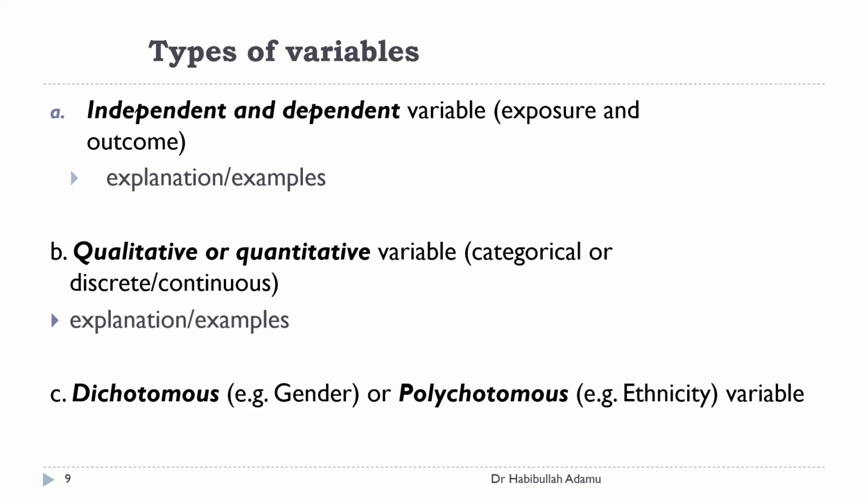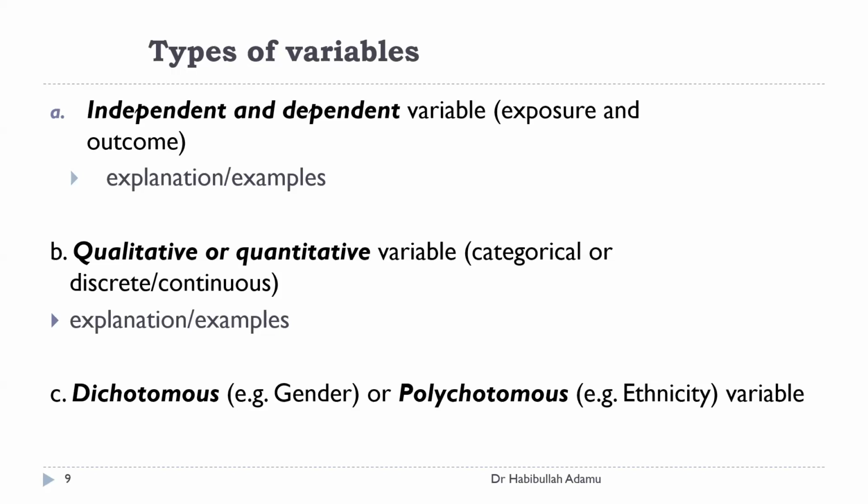So that makes it a variable. You look at skin color. Skin color also varies. These are ways to understand what a variable is.